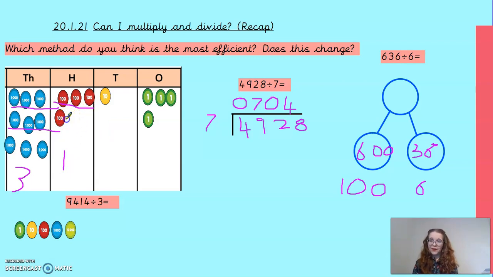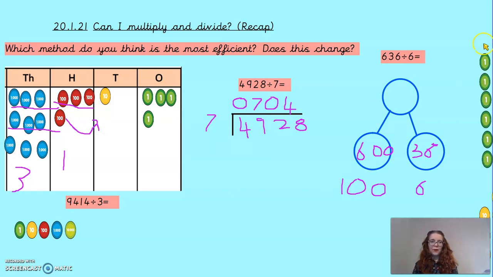Now I'll tell you what, guys, I've been a bit sneaky today, and I have made my counters already so that I wouldn't have to spend too long moving them over. So I know that I need to exchange 100 for 10 ones. So I'm going to pop my extra 10 ones in here. You can see I've now got my groups. 1, 2, 3 whole groups with 2 left over.